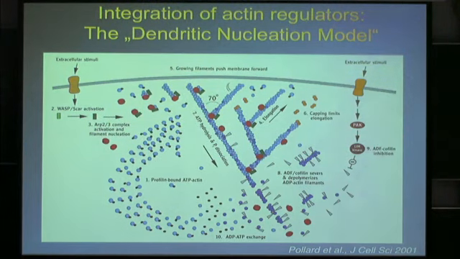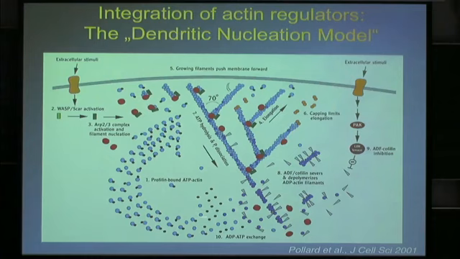Those processes which happen in this network or meshwork to generate it have already been summarized over 14 years ago now. I can't even believe it. By Pollard et al.